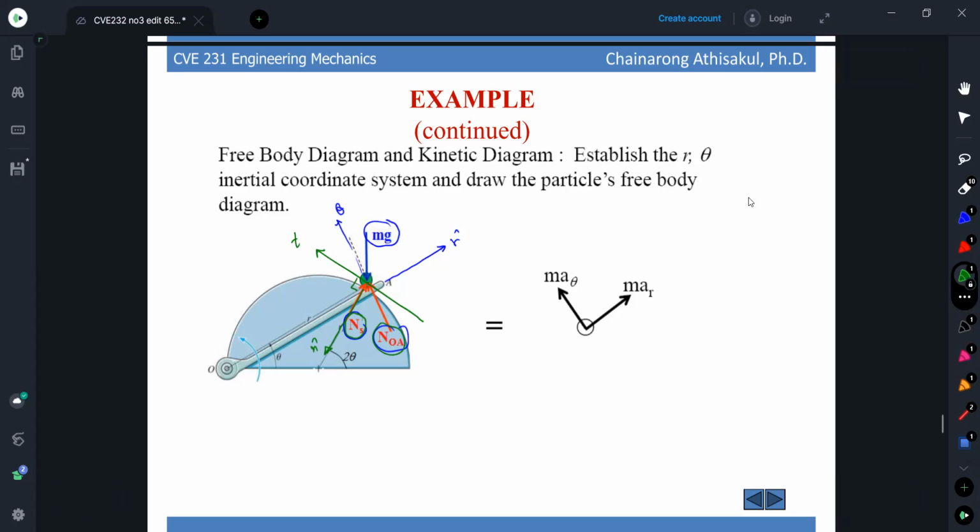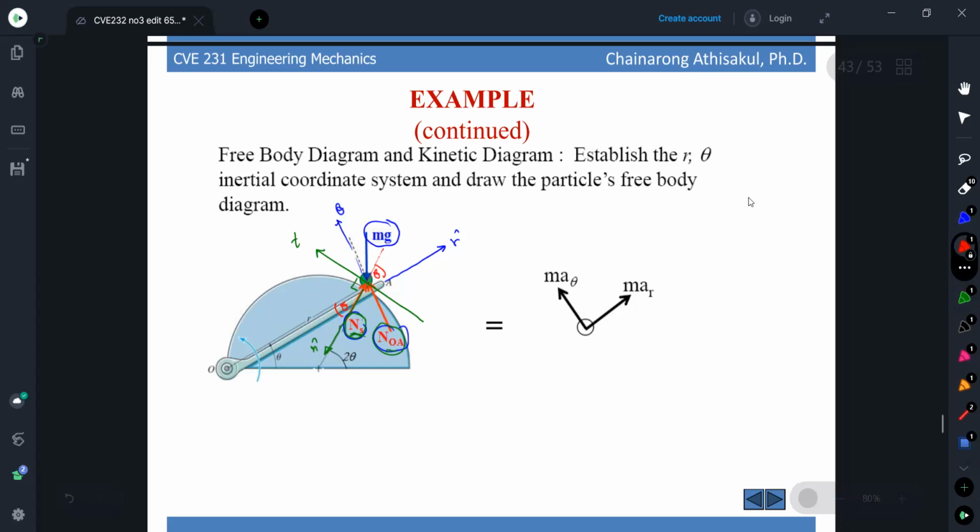So now we have two forces, Ns and NOA, acting along the path like this. From this, we may find the direction of Ns. We see that the angle between Ns and r is equal to theta.